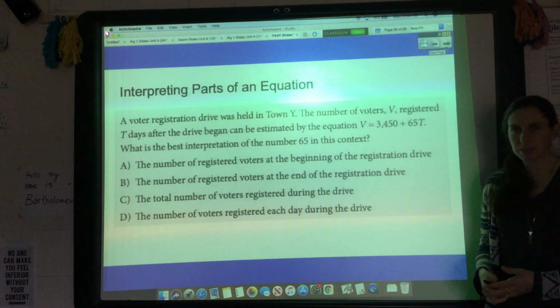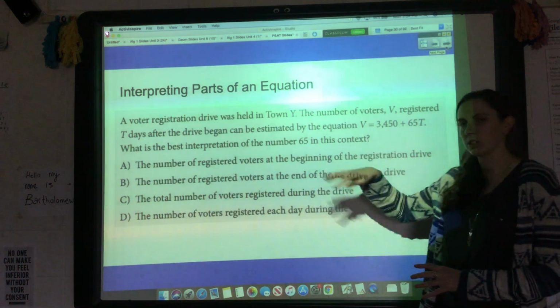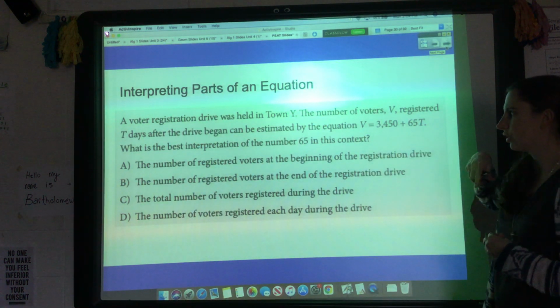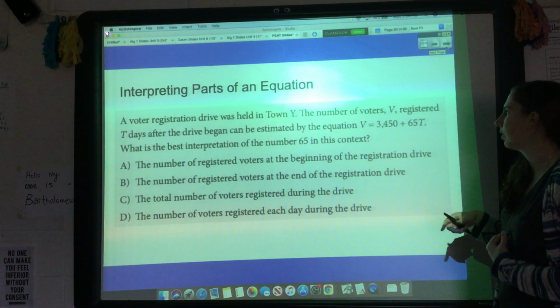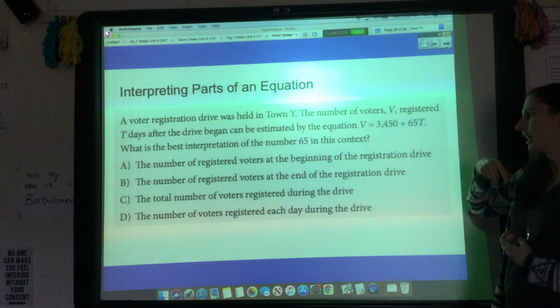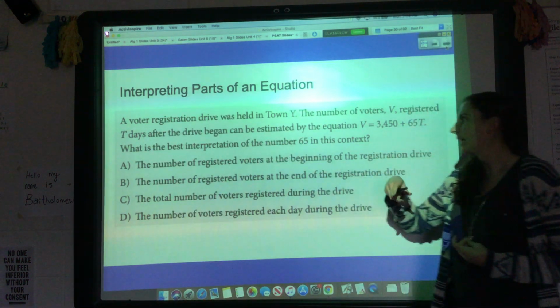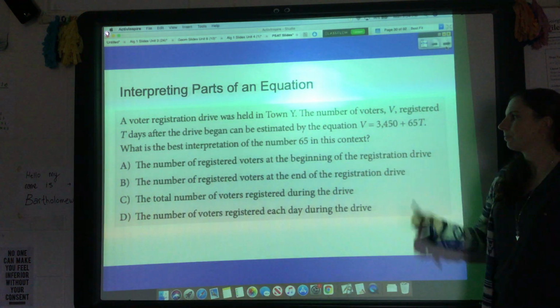All right, sometimes it might even ask you to interpret separate parts of an equation. So this one gives you a voter registration drive held in a town. The number of voters, V, registered T days after the drive began can be estimated with this equation.